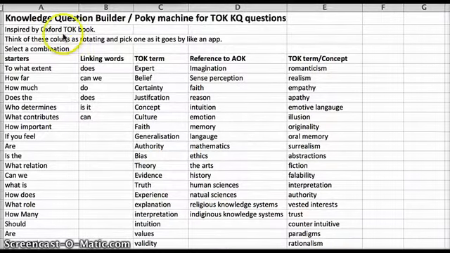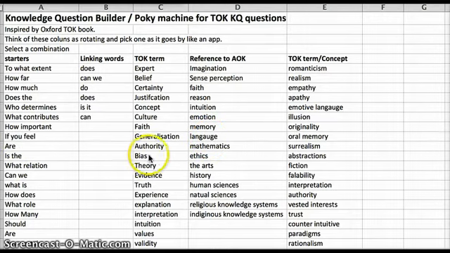Just to help you, I've made what I've called this knowledge question builder. It's like a pokey machine for TOK questions. You might have some sentence starters like what contributes, then some linking words, to belief in mathematics. That's just one example if you follow it through.